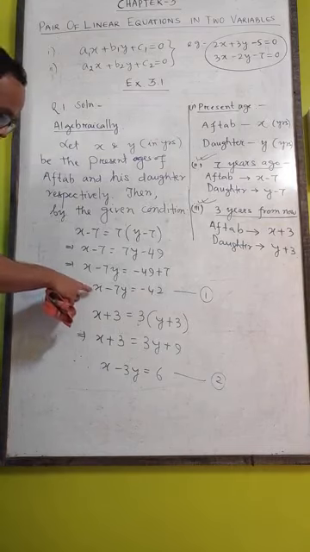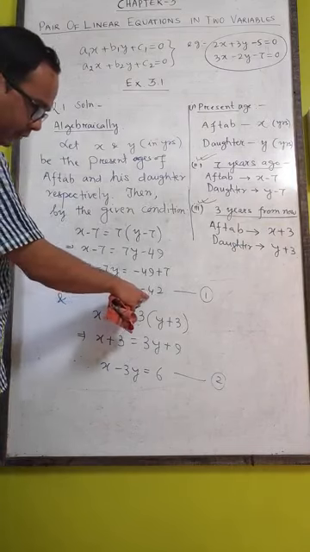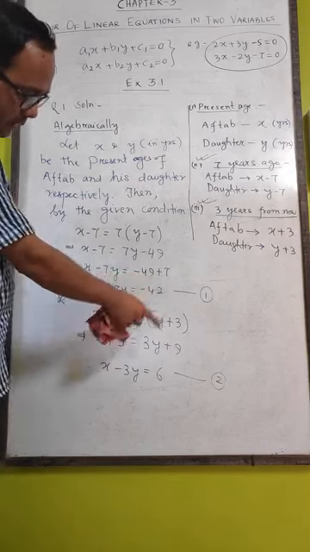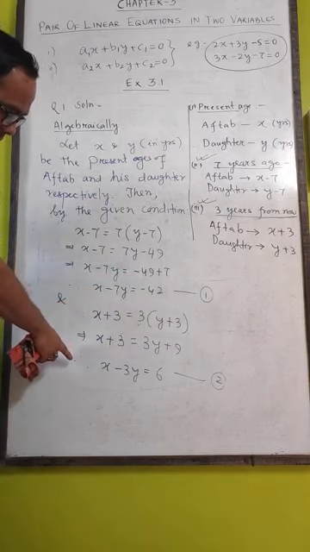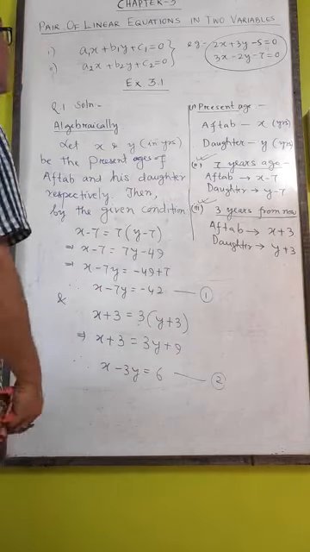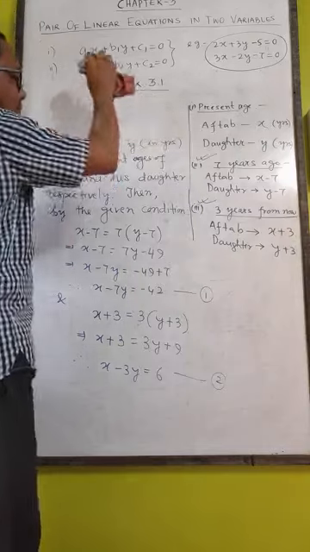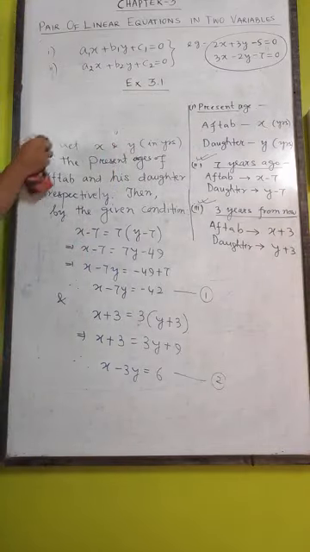You remember the first equation is x minus 7y equal to minus 42 and the second one is x minus 3y equal to 6. These are the two linear equations in two variables x and y. Now let us find the solution graphically. You see this?